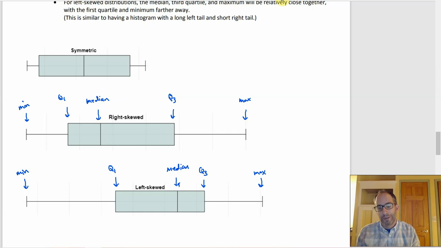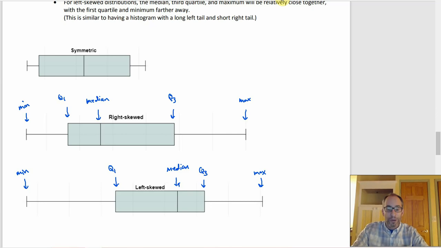They're not right on top of each other, but they're certainly closer than the left side, which would be the minimum, first quartile, and median. So for left skewed, you still get the stretched out left side and the squeezed together compressed right side. Having a box plot that looks like this is like having a histogram with a long left tail and a short right tail.